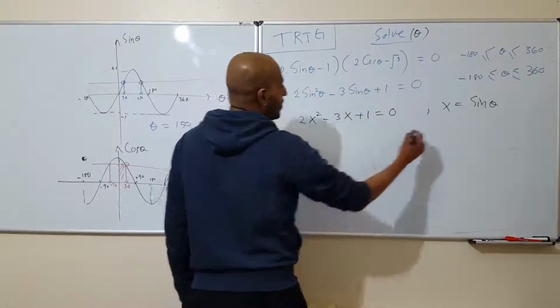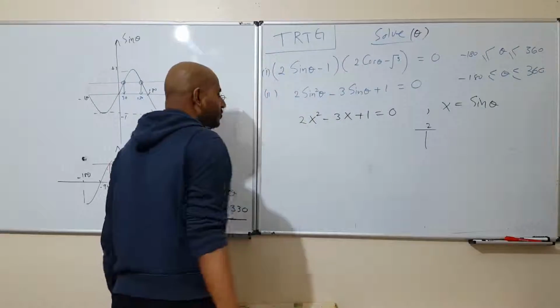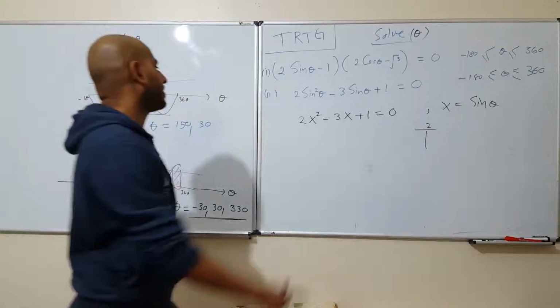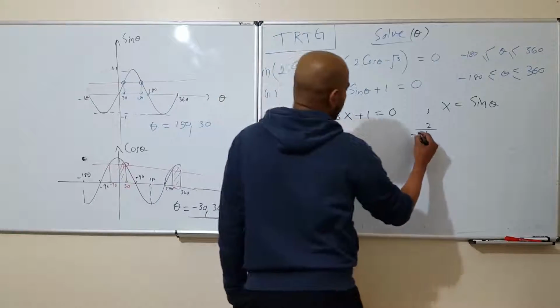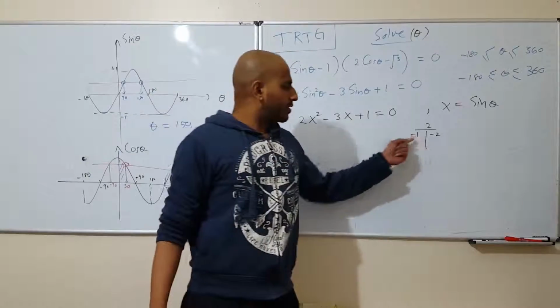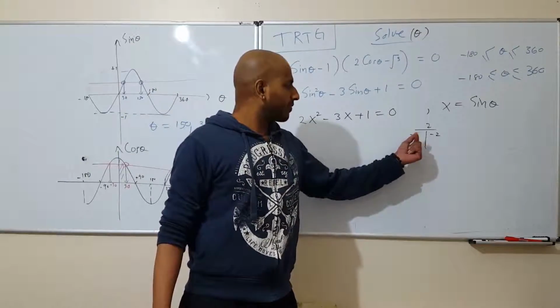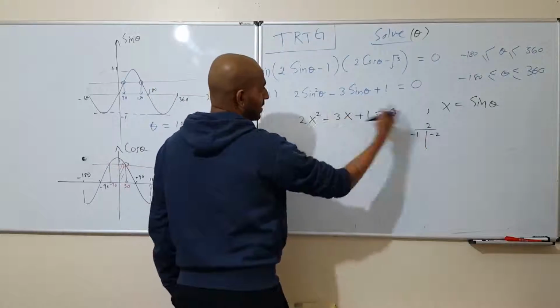2 times 1 is 2. So we try to find two numbers that multiplied together give us 2 and added together give us minus 3. So it seems to be minus 1 and minus 2. Ideal. By the way, this 2 comes from 2 times 1 is 2.